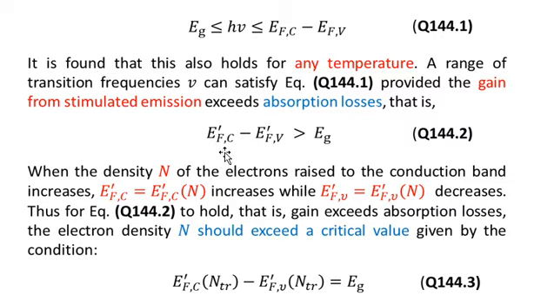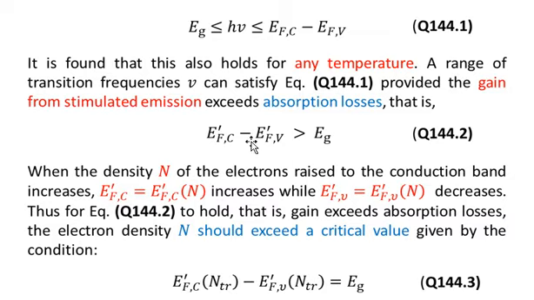So if the energy difference between the two Fermi levels is much greater than the band gap energy, then of course we have a very relaxed condition. So the condition given in 2 is much more relaxed in comparison with the condition given in 1. It means that many photons of frequency h nu can be emitted under this condition.